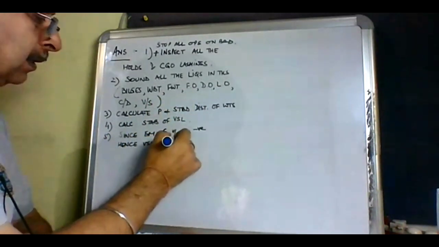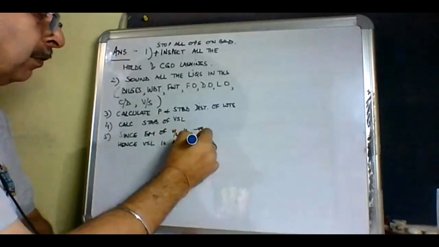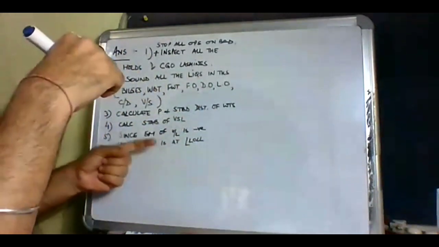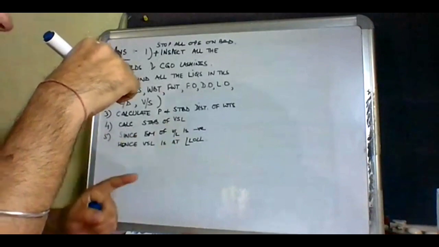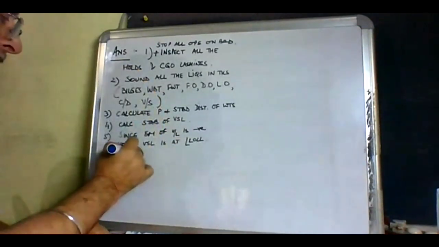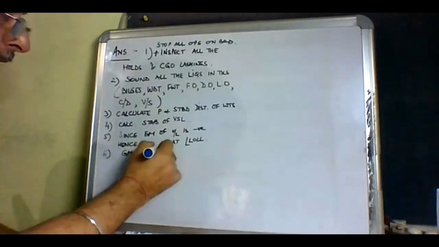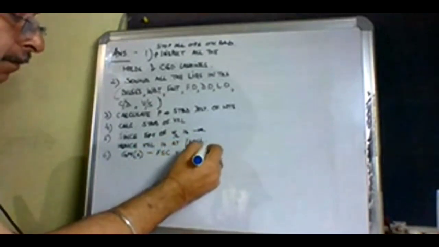Hence the vessel is at an angle of loll. And generally, how do you come to the conclusion that the vessel is at an angle of loll? One, GM is negative. Second, a very standard feature we know: GM solid minus FSC gives me GM fluid.